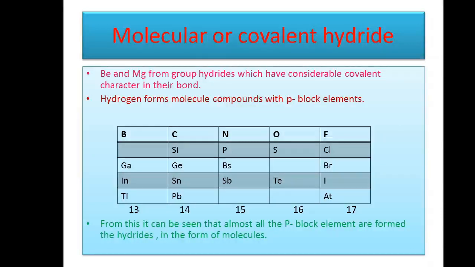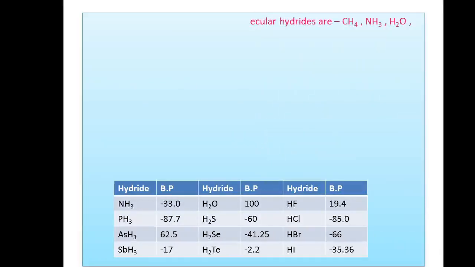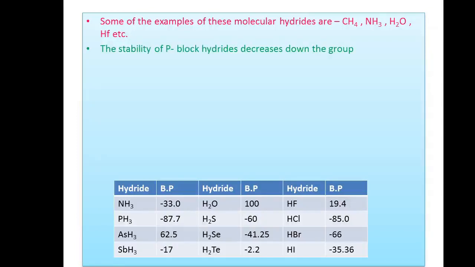From this, it can be seen that almost all p-block elements form hydrides in the form of molecules. Some examples of these molecular hydrides are CH4, NH3, H2O, HF. These are the covalent or molecular hydrides. The stability of p-block hydrides decreases down the group.